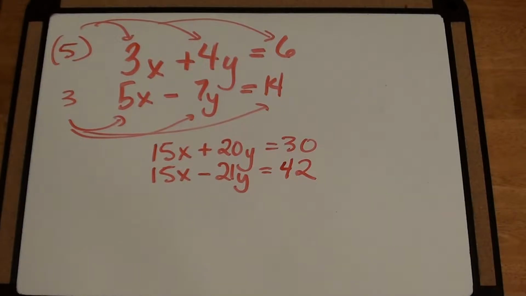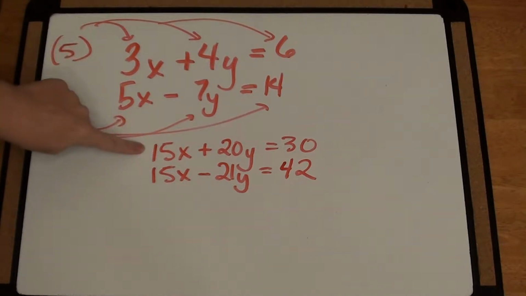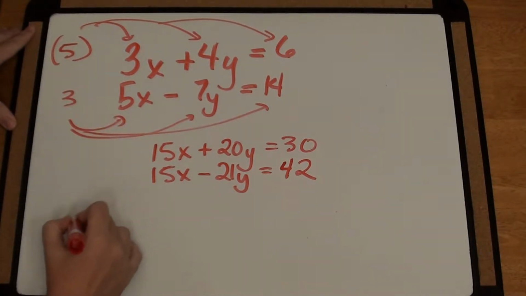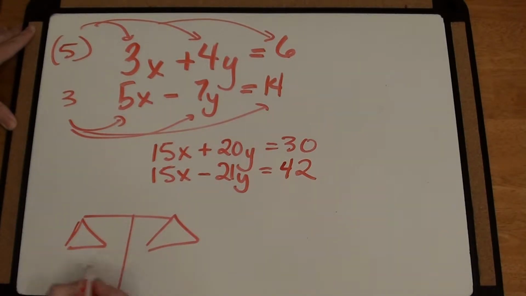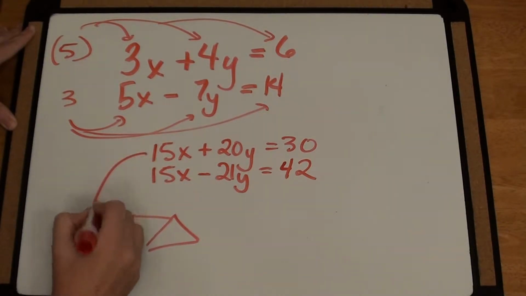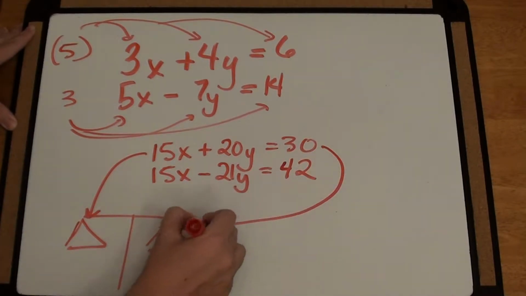Now what you need to imagine with this is, I want to talk about why we're allowed to add or subtract equations from each other. Because really, this equation represents the fact that we have a set of scales, and on one side of the scale we have 15x plus 20y, and on the other side of the scale we have 30.